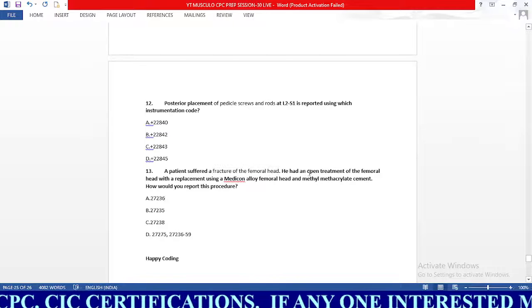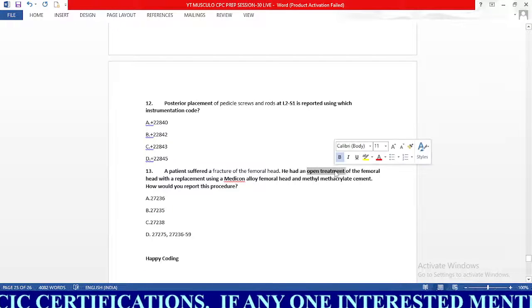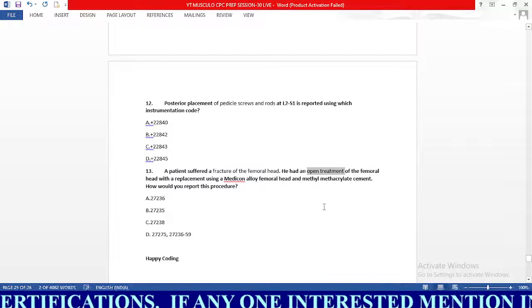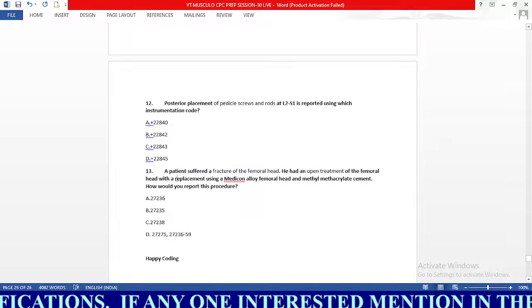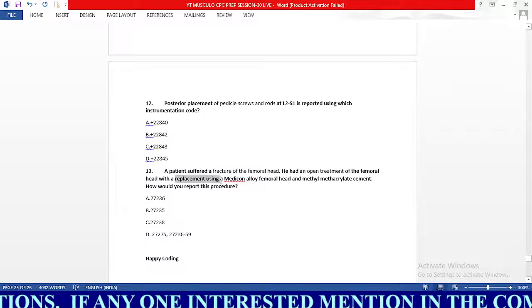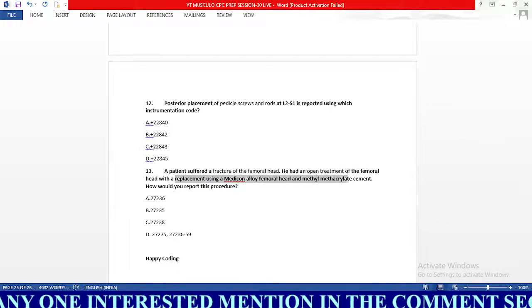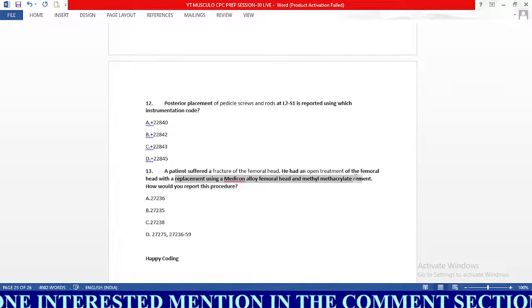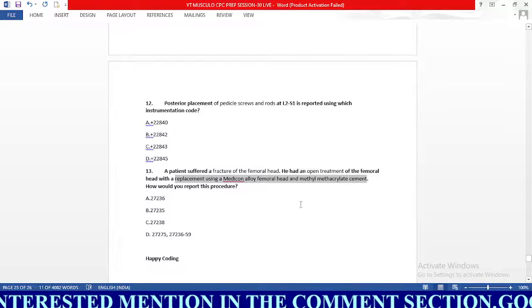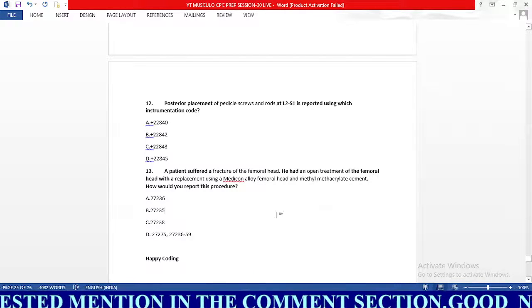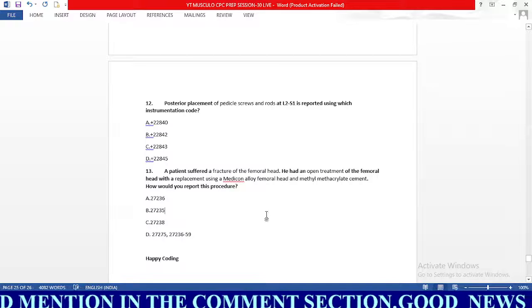Next, it is an open treatment. Next, the physician has replaced using Medican alloy femoral head and methyl methacrylate cement. These will come under prosthesis. So we have femoral head fracture, open treatment, and prosthesis.